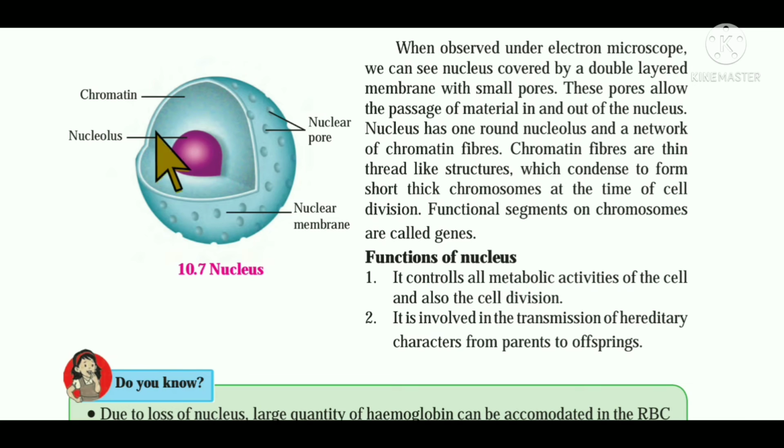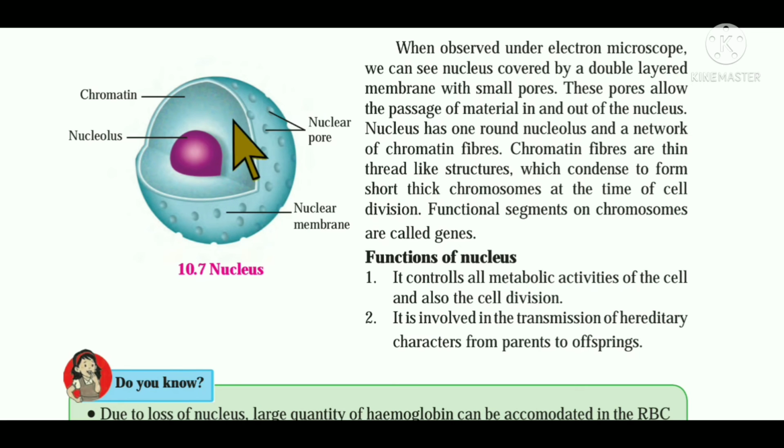Then at the center of the nucleus there is one more central controlling unit, known as the nucleolus, which controls all the nuclear activities taking place inside the nucleus. Around the nucleolus there is a cytoplasm-like structure known as the nucleoplasm.